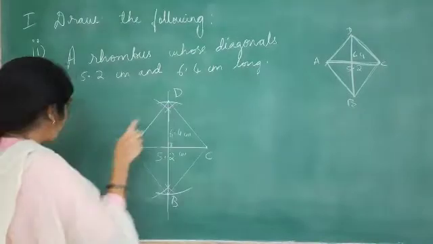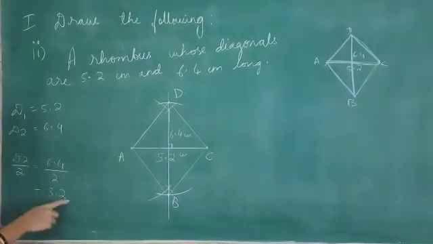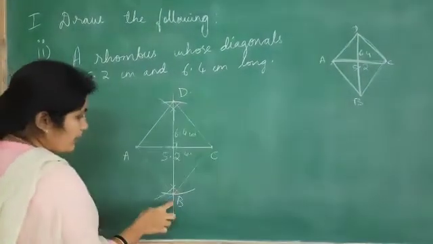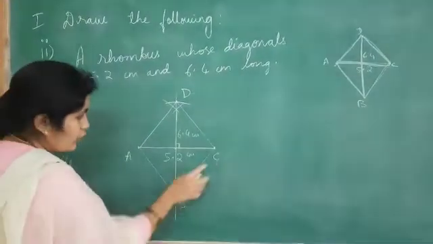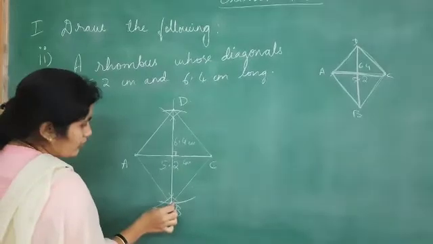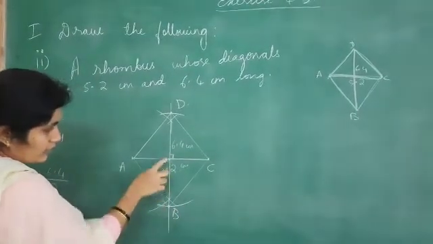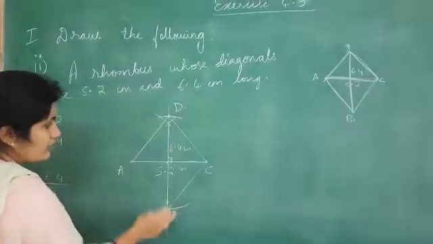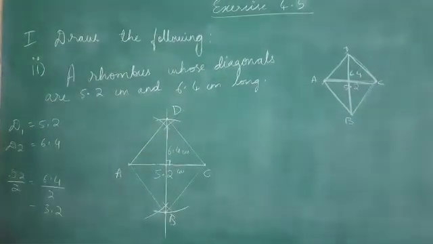So take 6.4 divided by 2, that is 3.2. From this center you take 3.2 and cut an arc up and cut an arc down. Now join these points of intersection on the perpendicular line. The measurement which we have taken is 3.2, and these 2 points are B and D, which is 6.4. Thus the rhombus is constructed.